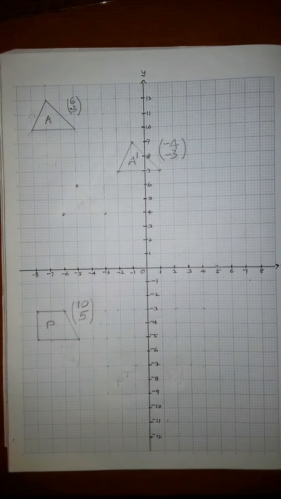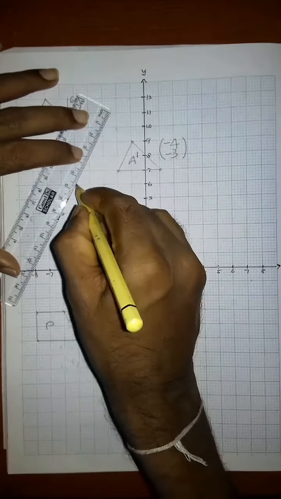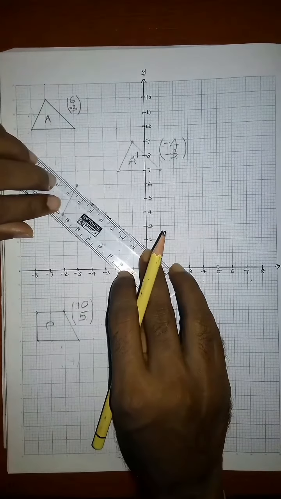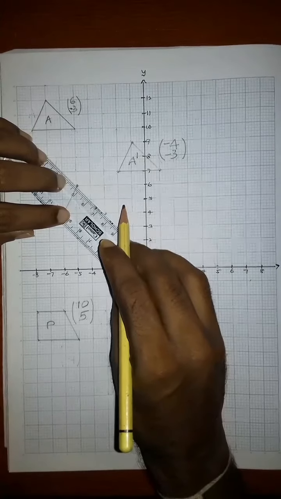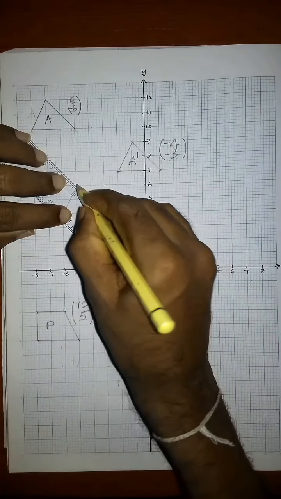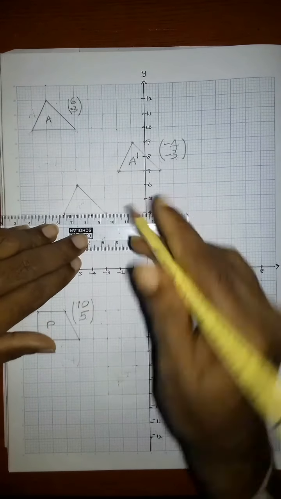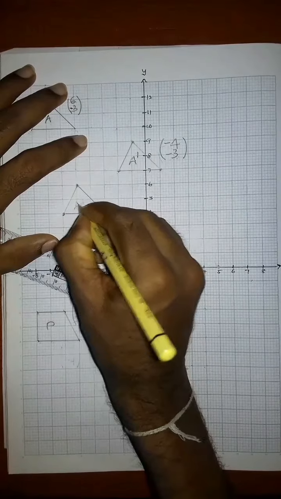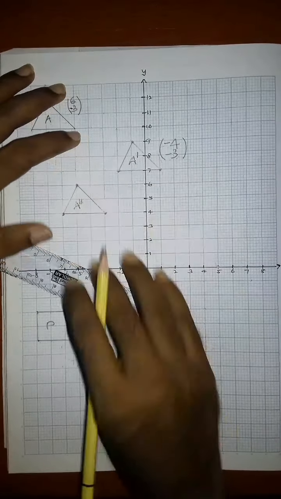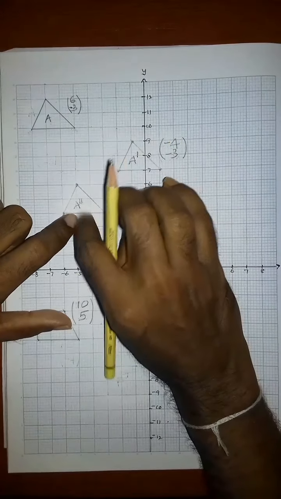So these are the image points. We label it A double dash. This was translated into this figure.